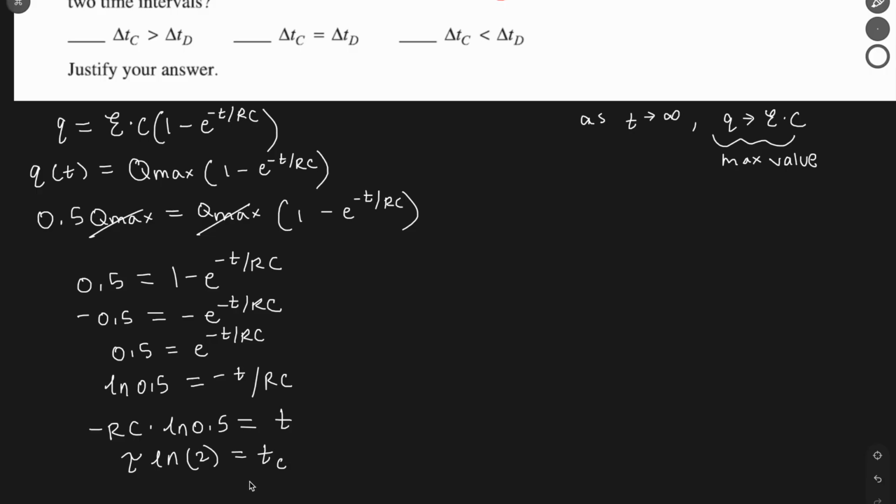Keep in mind that you can go through the derivation with the discharging equation, which looks like this, just for your reference. So we could go through this exact same derivation and we'd pretty much end up with the same expression for tau.